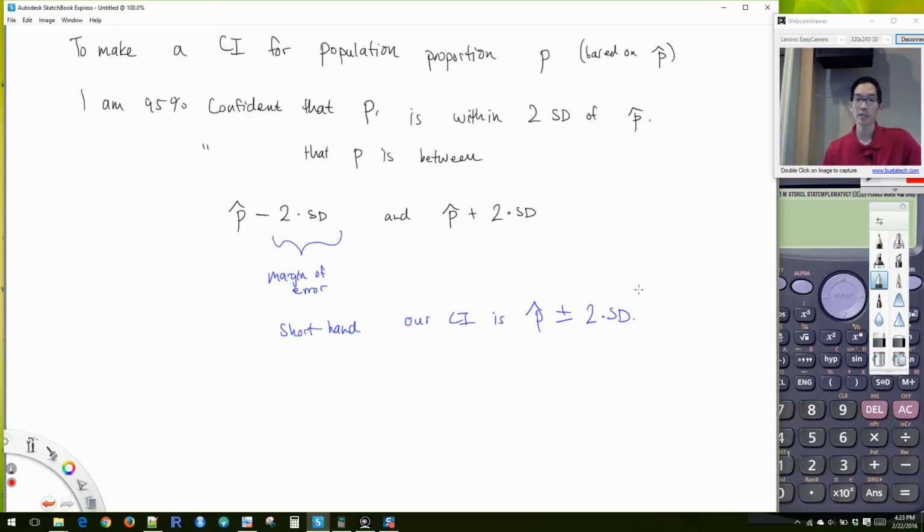And to be technical, it's actually not 2. For a 95% confidence interval, a more precise value is 1.96, rather than 2.